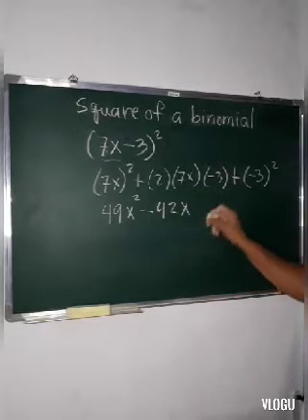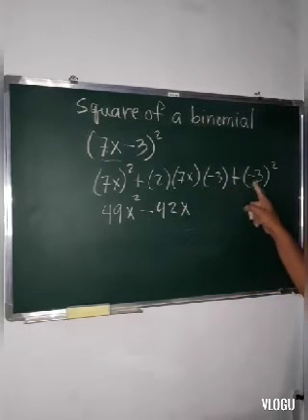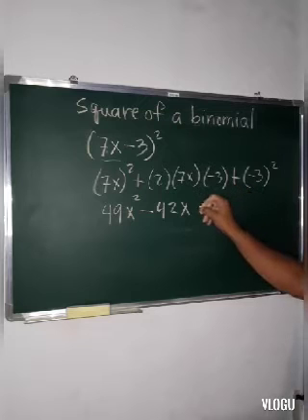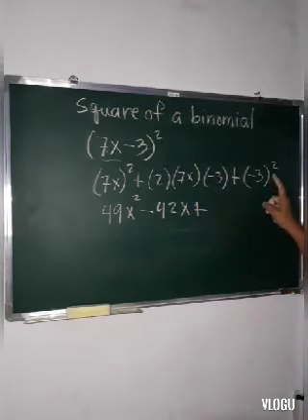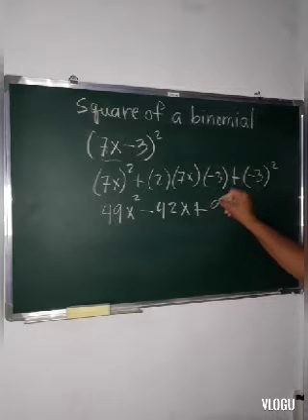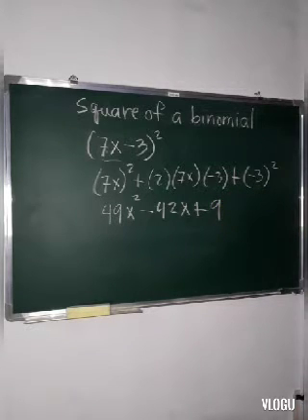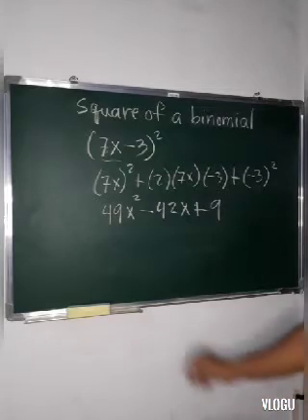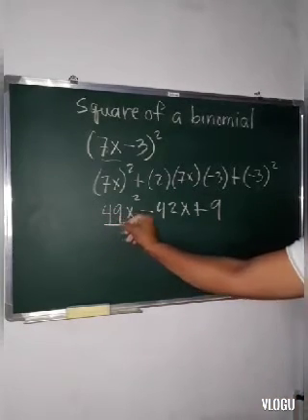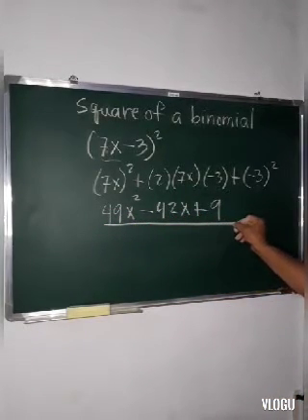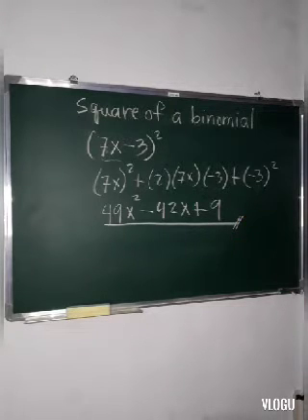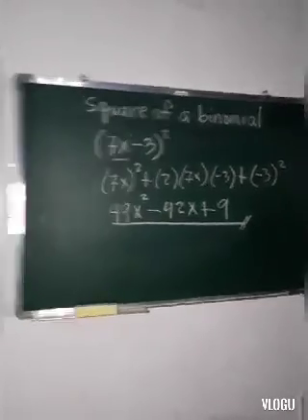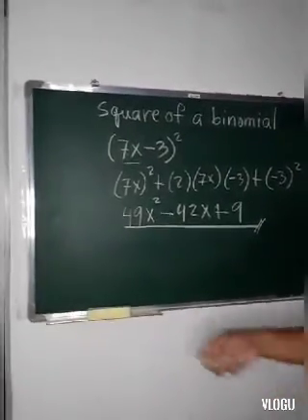And then plus negative 3 times negative 3, positive. Positive times positive, we have positive. Okay? 3 times 3, we have 9. Therefore, the square of 7x minus 3 is equal to 49x squared minus 42x plus 9. Okay, so that's the rule of square of a binomial.